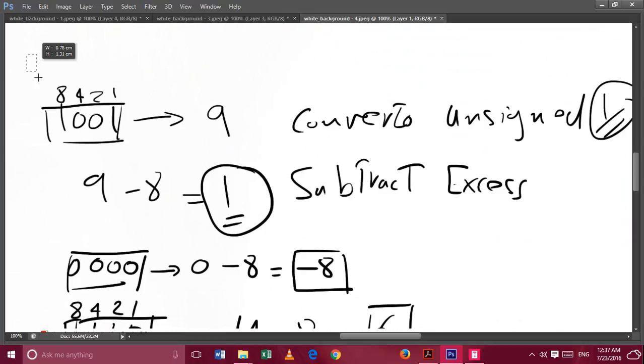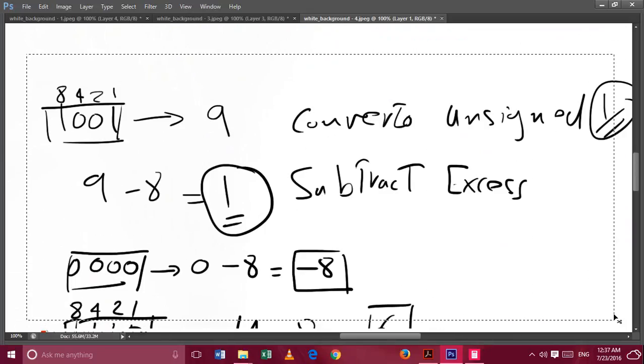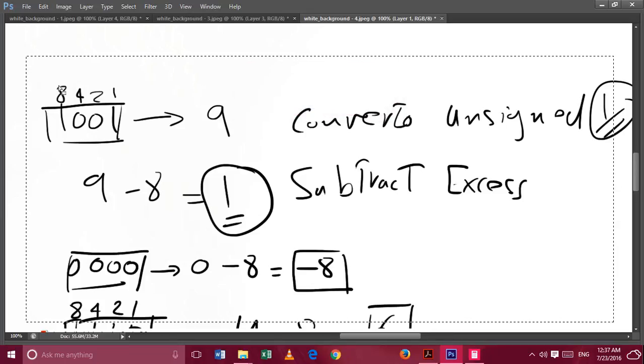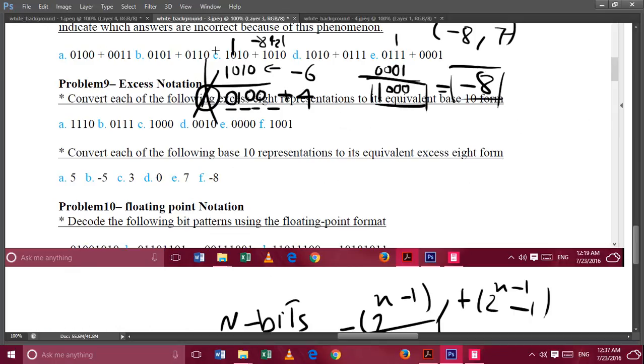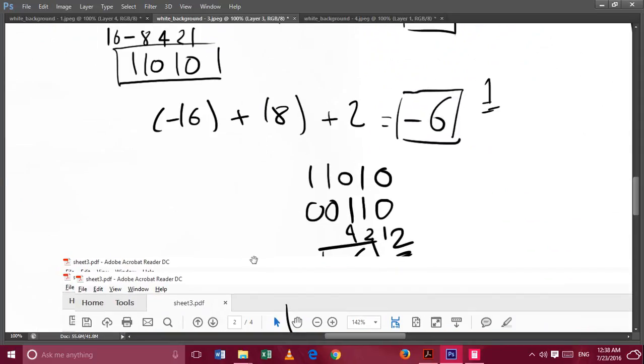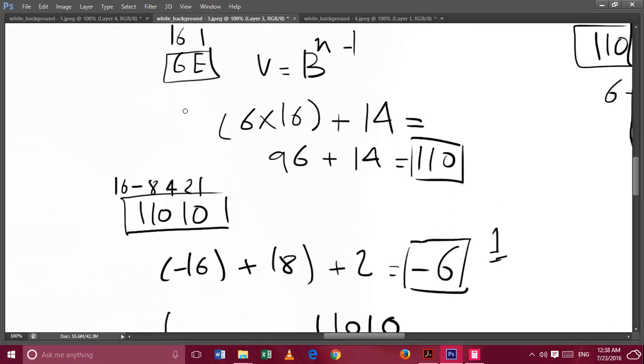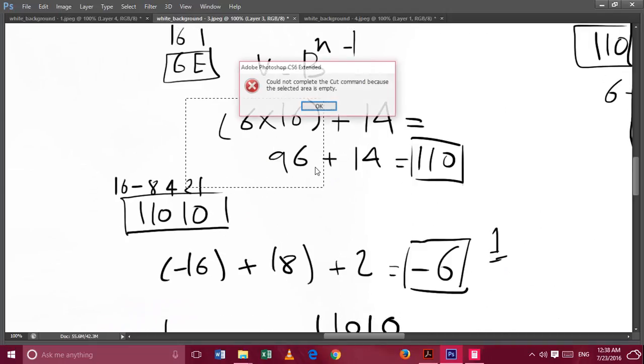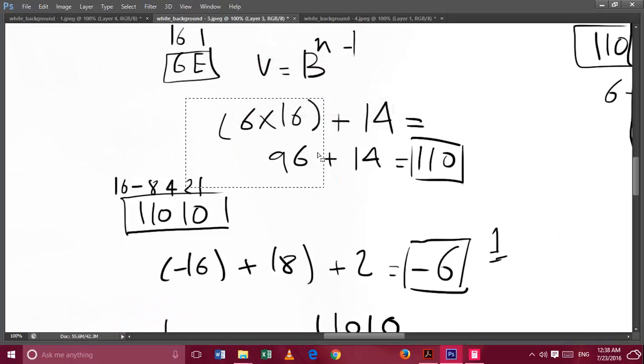We need some white space right here. Very quickly, I'm going to upload another white sheet.